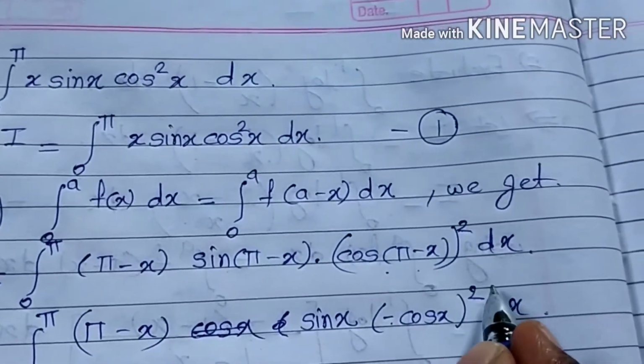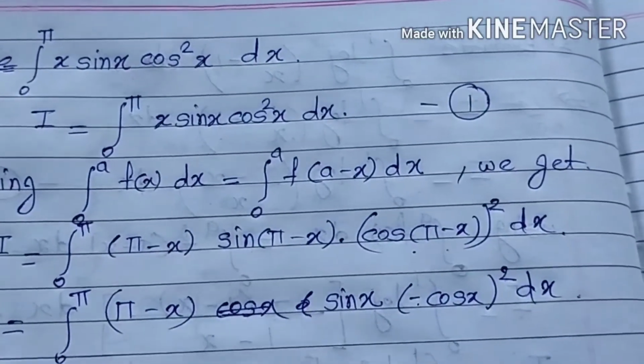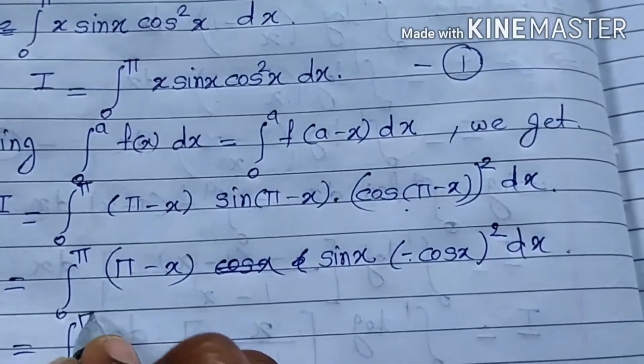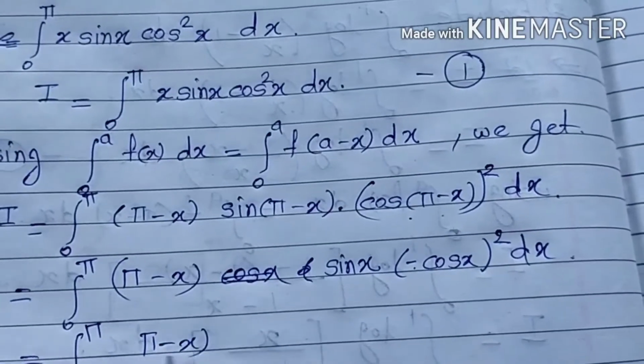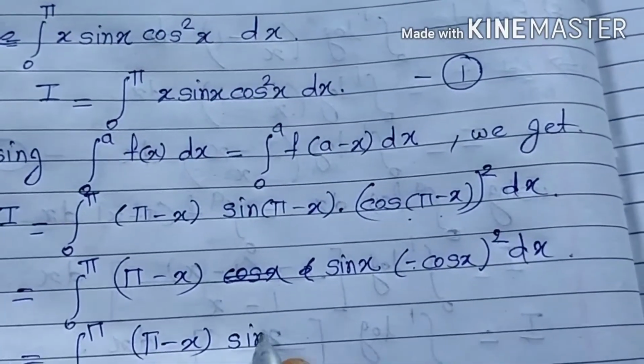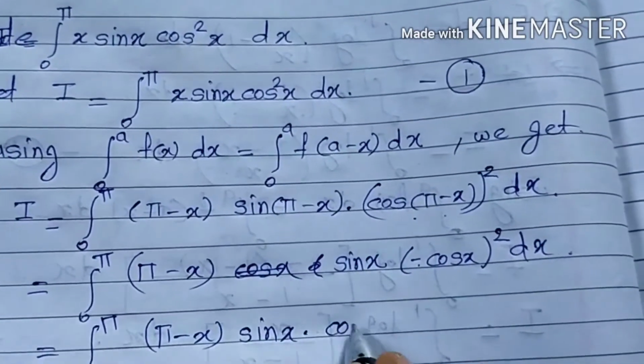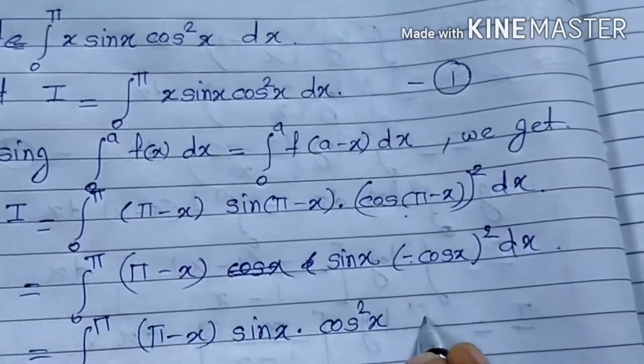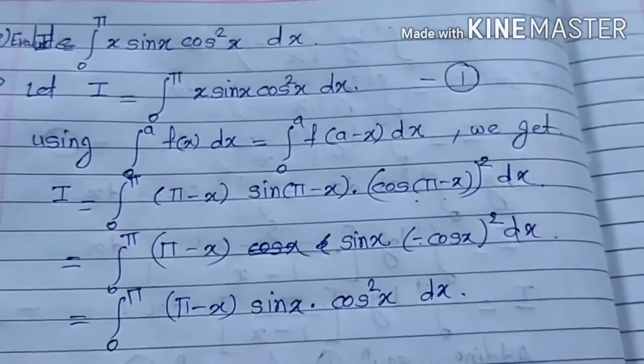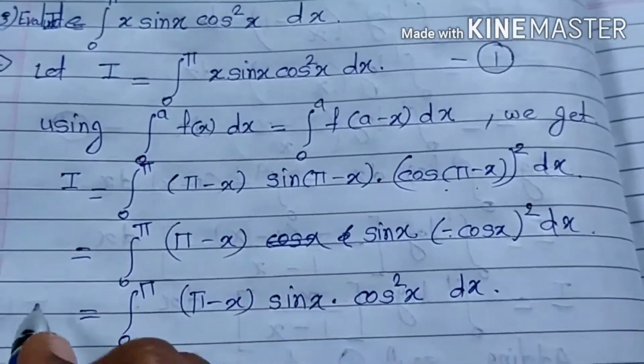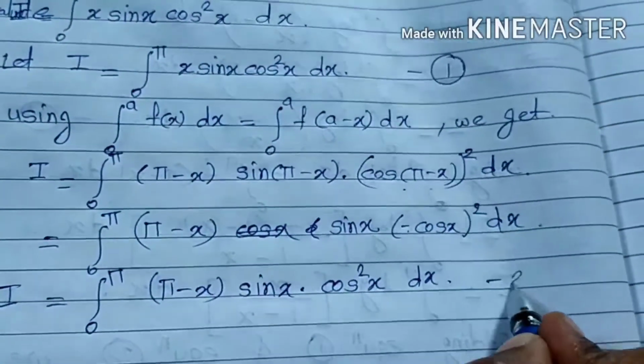So minus cos x whole square is cos square x, so the integral from 0 to pi of (pi minus x) sin x into cos square x dx. Okay, now give it equation second.